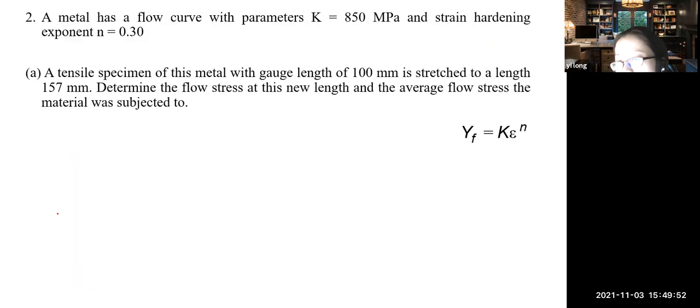So first of all, for this question, we know the initial length is 100, and we stretch it to 157. In this case, you are calculating the flow stress, which is this one. You simply need to calculate the true strain. Am I correct? So can you type your answer here? What is the flow stress you have calculated?